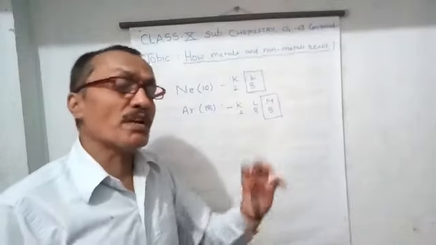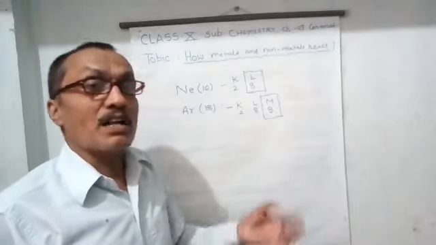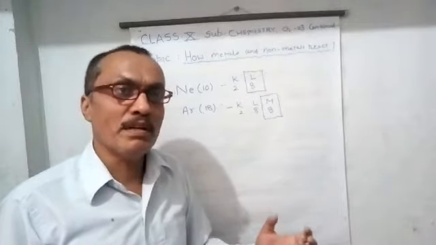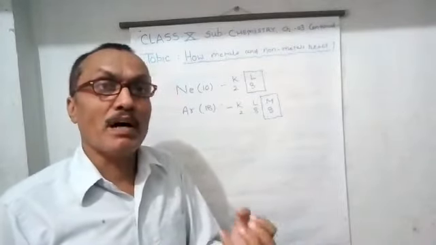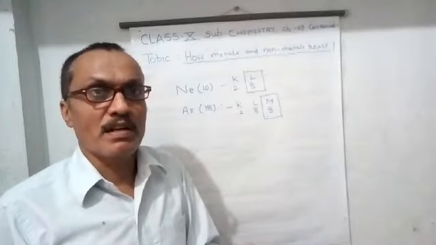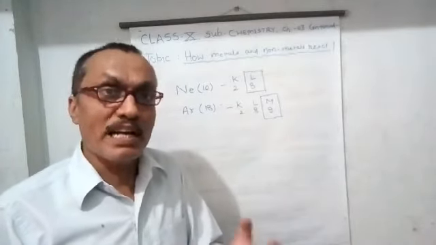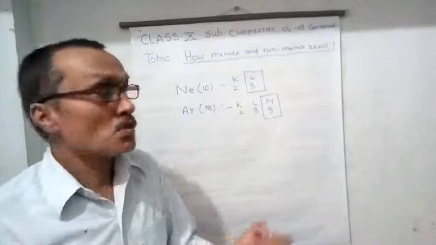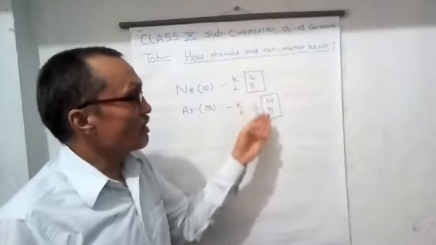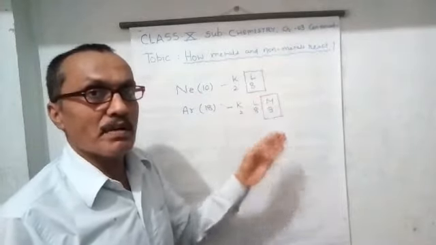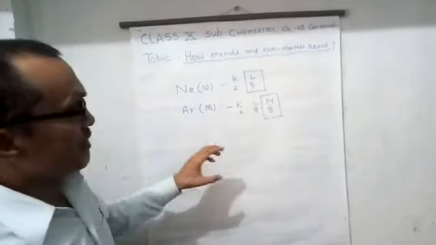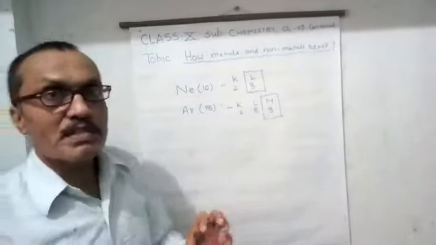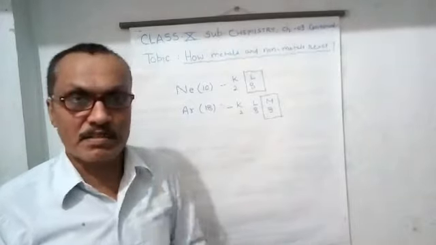Noble gases or inert gases are those elements which have a completely filled outermost orbit, and there cannot be more than 8 electrons in the outermost orbit. And that's why, due to the completely filled outermost orbit, these two elements need not react.